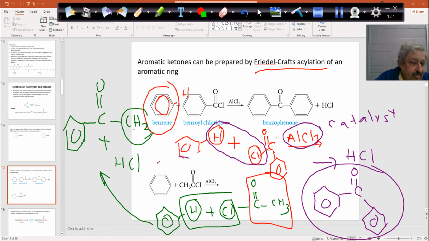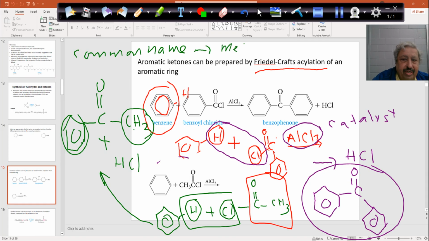So this is the common name of this, will be methyl, correct? And then the benzene ring is a phenyl, and this is a keto group, the carbonyl group. It is a keto group, so it will be a ketone.